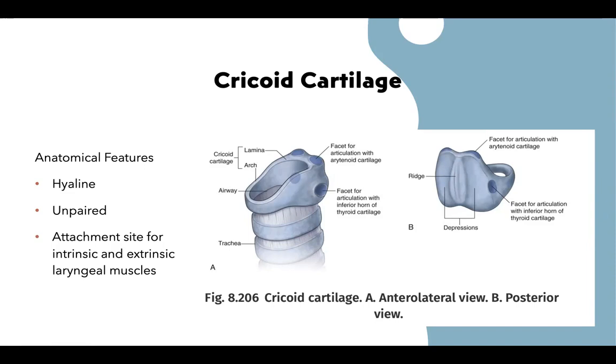The cricoid cartilage has two articular facets on either side for articulation with other laryngeal cartilages.